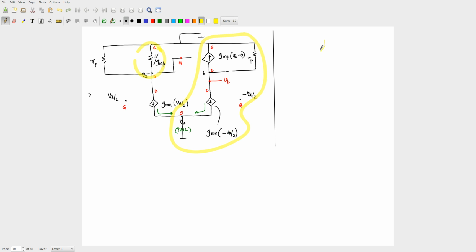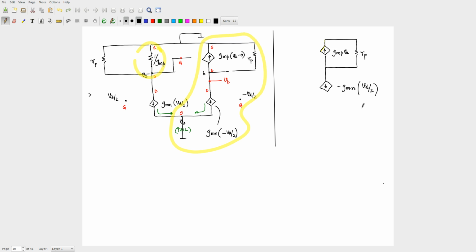I have my current source pointing upward. I have a GMP into VA. Okay, then I have a resistor which is RP. Alright, and then this is connected to another current source pointing down, and the value of that is minus GMN times VD by 2.